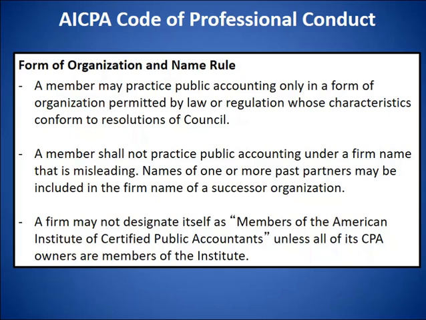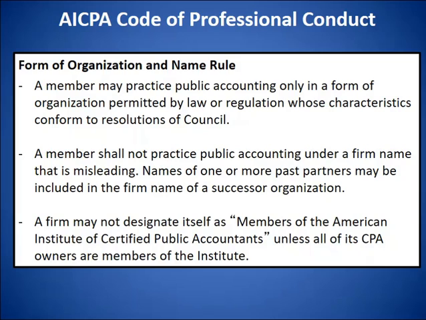Now, a member shall not practice public accounting under a firm name that is misleading. Names of one or more past partners may be included in the firm name or successor organization.